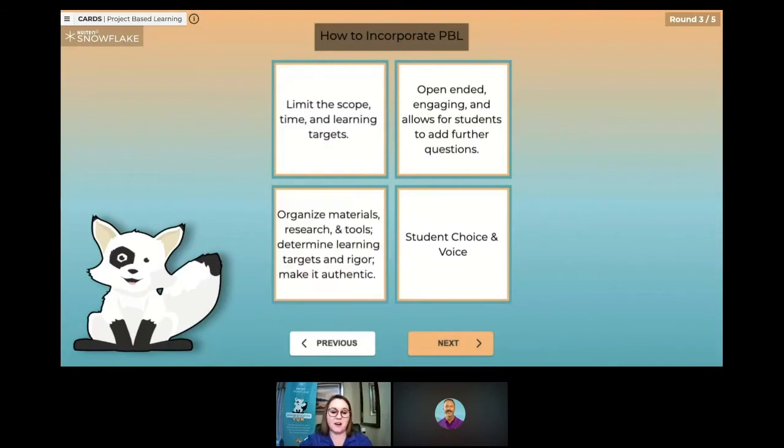Project-based learning also has a lot of backward design. So it's a lot of front loading for the teacher at the beginning, and that's mostly just to organize the materials, narrow down the research. I found in my own experience that if I were to just tell my students, go look it up, go to Google, go to the library or media center and see what you can find, my students didn't know where to begin.